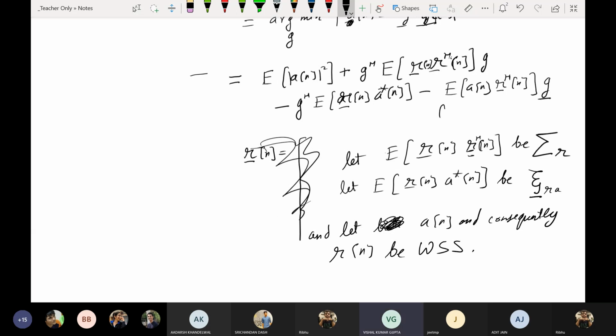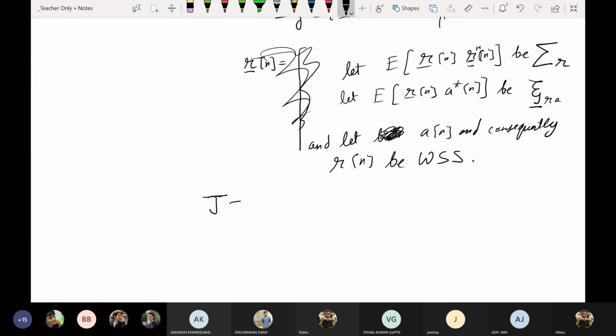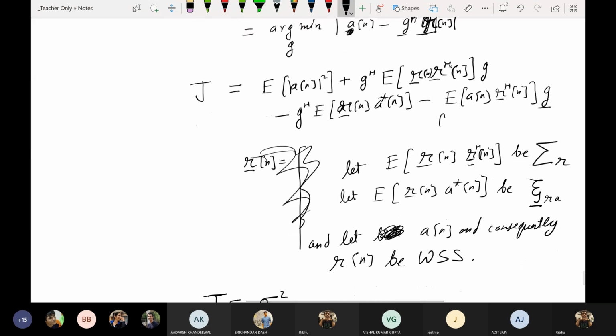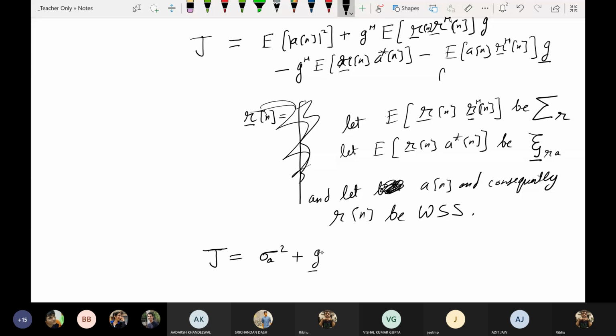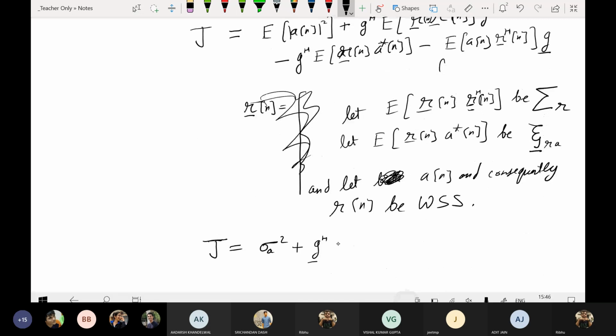Yes, sir. Again, so J becomes sigma A square plus G Hermitian sigma R G minus G Hermitian psi RA minus psi RA Hermitian. Fine.